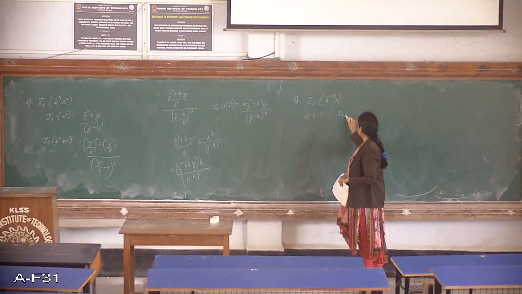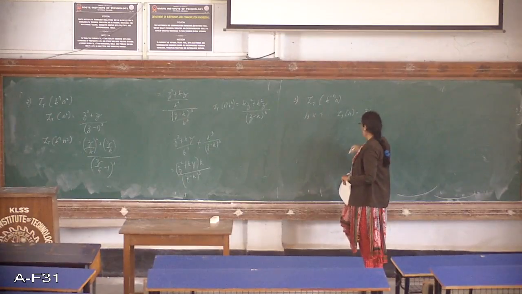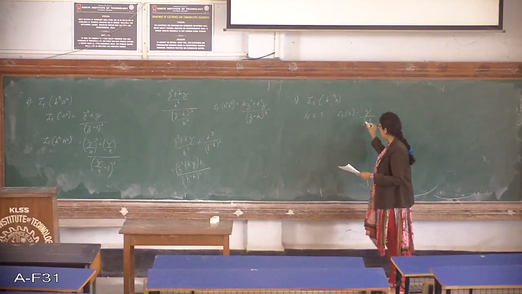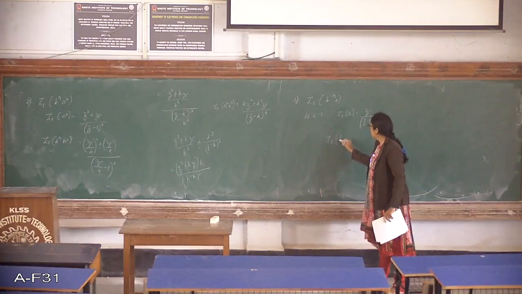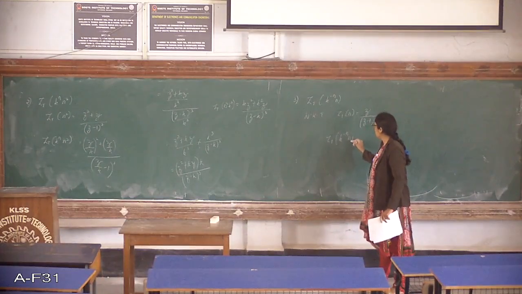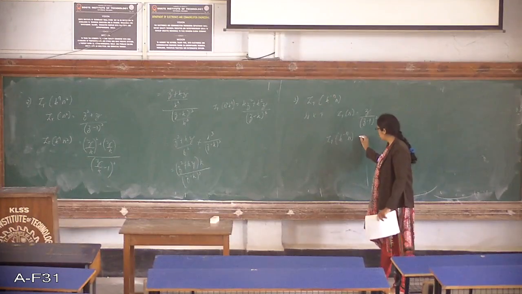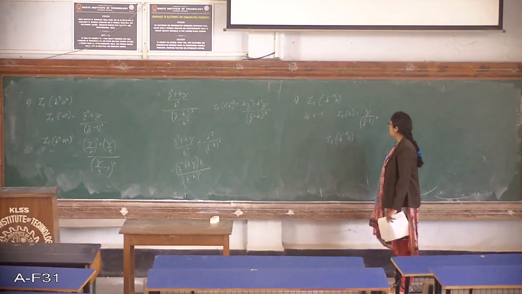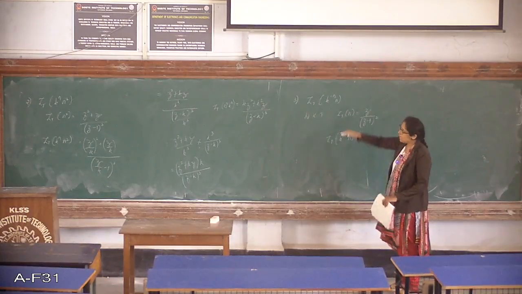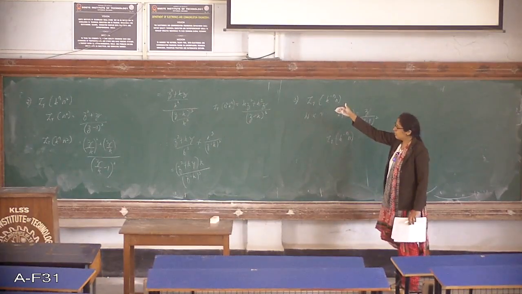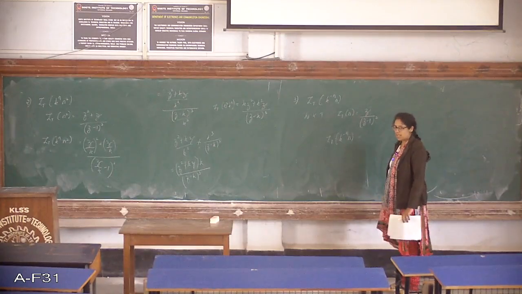The z transform of n is given by z divided by z minus 1 the whole square, and then if I go for the z transform of k raised to minus n into n by making use of the damping rule, you can see that your z is now replaced as z into k. So if you have k raised to plus n, you have seen that z's are all replaced by z by k.